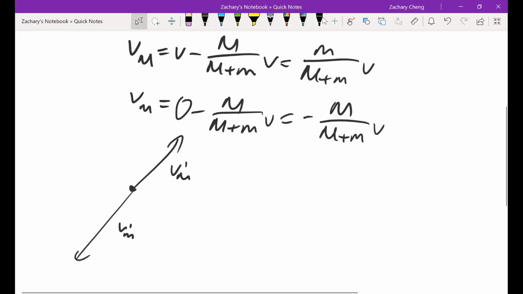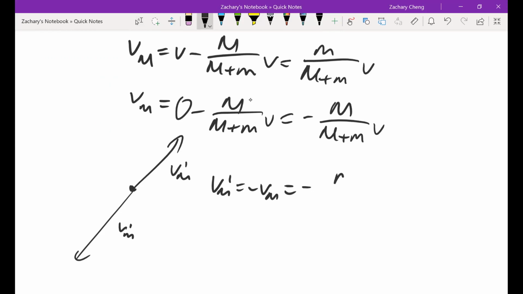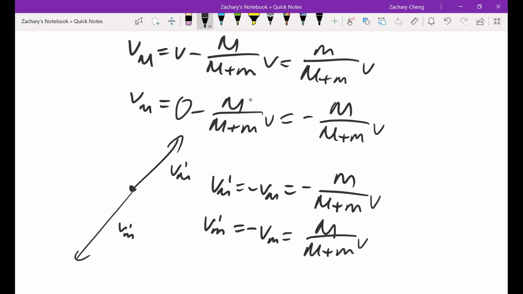But this only applies in the center of mass frame, of course. So then vM prime is just equal to negative vM, and that's negative small m over big M plus small m times v. And v small m prime is equal to negative v small m, and this is big M over big M plus small m times v.